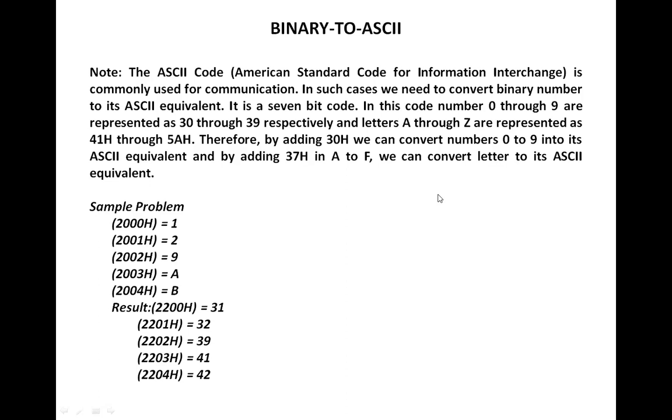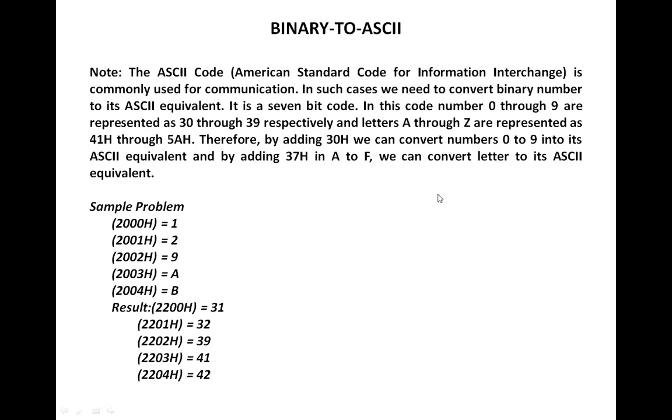And the common implementation of this ASCII code is used in code communication, data communication. And what is this ASCII code? It is a 7-bit code. And it's 128 combinations. Since it is a 7-bit code, so 2 to the power 7, there will be 128 combinations.